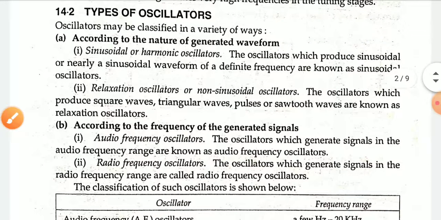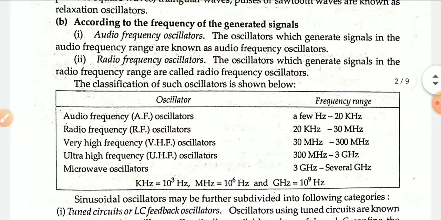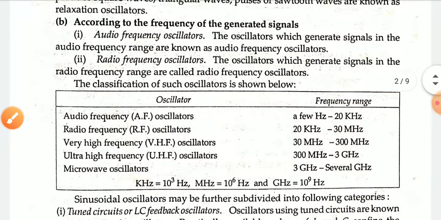Another way to classify is by what frequency it can generate. If it is in the audio range, that is within a few hertz to 20 kilohertz, it is an audio frequency oscillator. If it is higher than 20 kilohertz, that kind of oscillator is named a radio frequency oscillator.